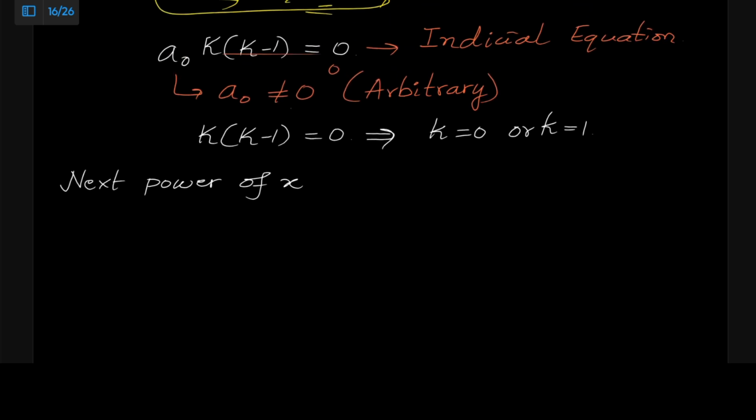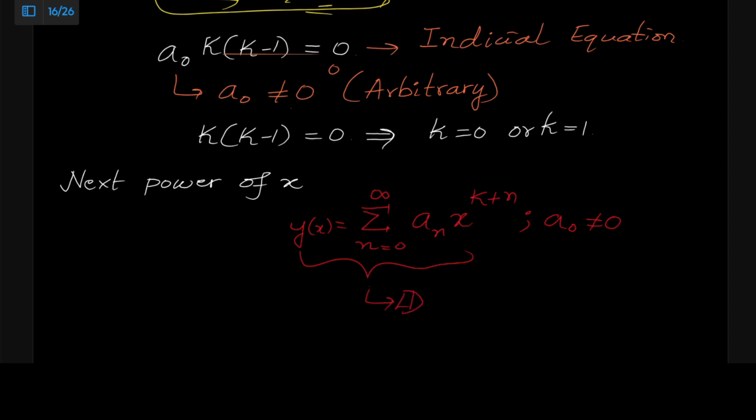Because we had considered the solution y of x as the series, n is equal to 0 to infinity, a n x raised to k plus n. So we had put the condition here that a naught is not equal to 0. We are checking that if this is the assumed solution, then it has to satisfy the Legendre differential equation. Now we are checking all those values under this summation.